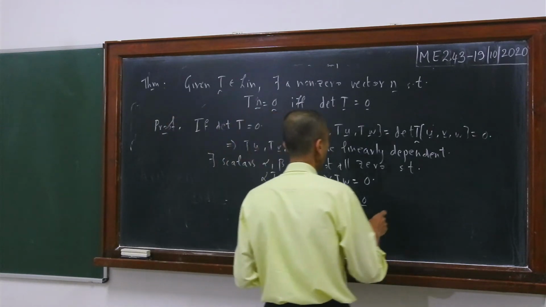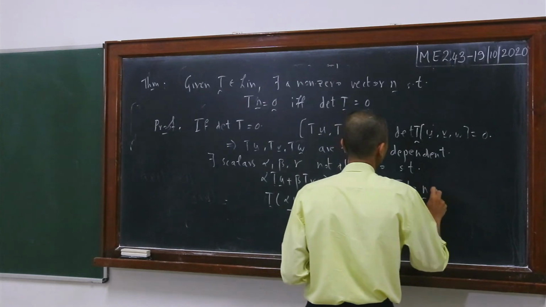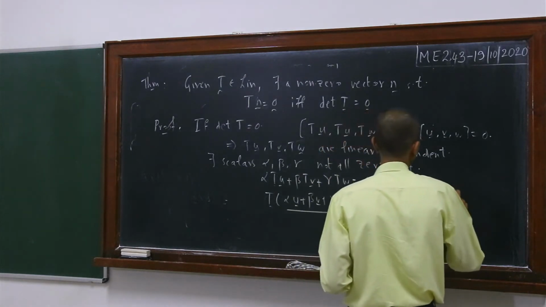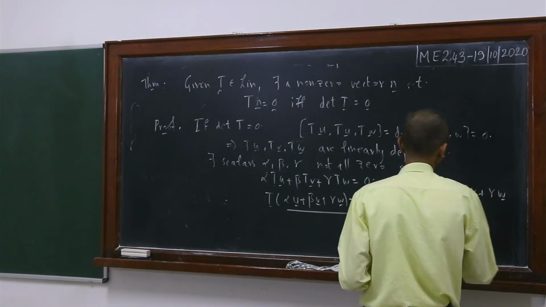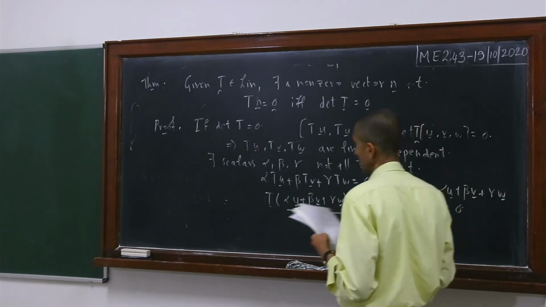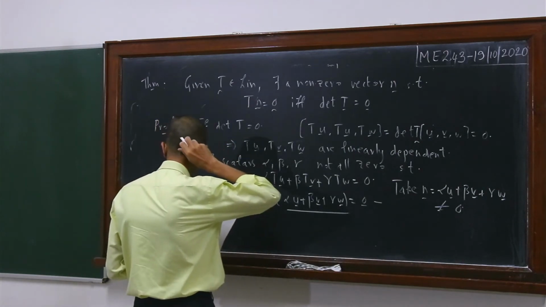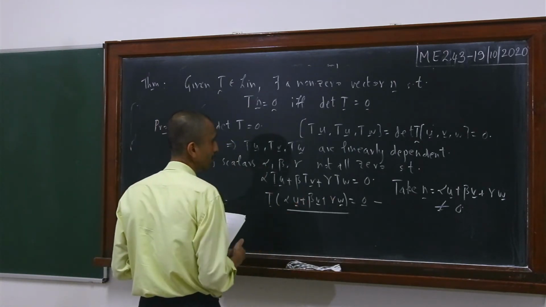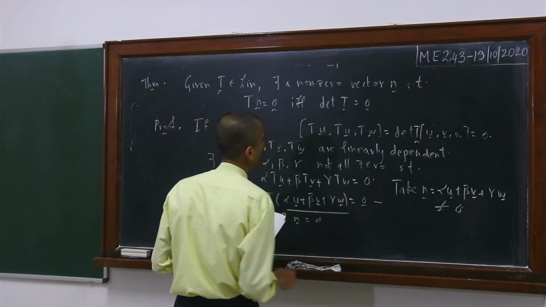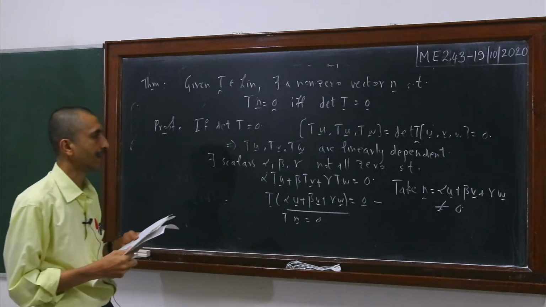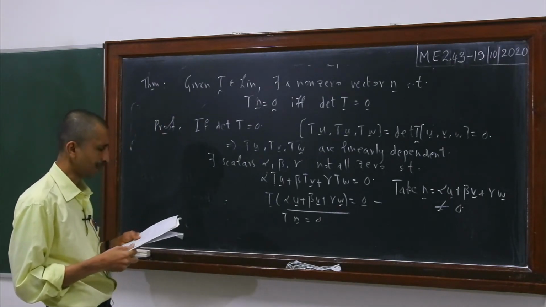So take n equal to alpha u plus beta v plus gamma w, and then this is not equal to 0, because alpha, beta, gamma are not all 0. And then you get that Tn is equal to 0. So we have now found a non-trivial vector n such that Tn equal to 0 if the determinant of T is equal to 0.